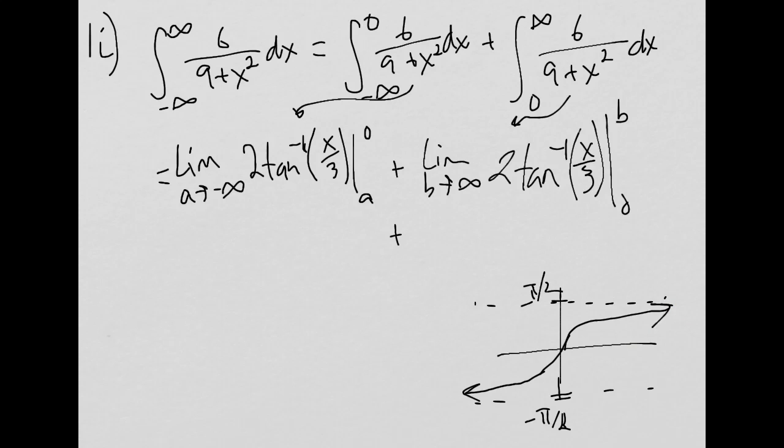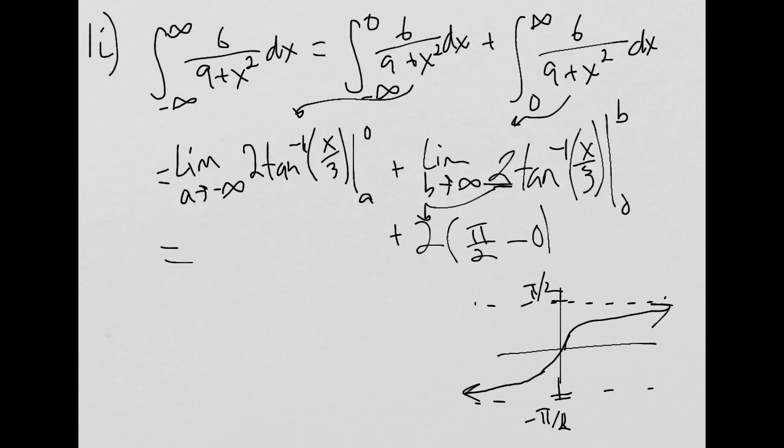So I get plus, getting pi over 2, 2, that's this guy, times pi over 2 minus, now you should see that the tan of 0 is 0, so I can just plug that in and get 0. And then for this one, the first thing I'm going to do is evaluate this thing here at 0, so I wind up doing tan of 0.